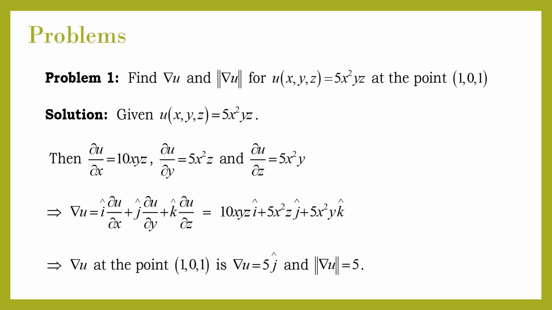The magnitude of this del u is norm del u. So norm del u at this given point 1, 0, 1 becomes square root of 5 square, which equals 5. So in this problem, del u at the given point becomes 5j cap and the norm del u is 5.